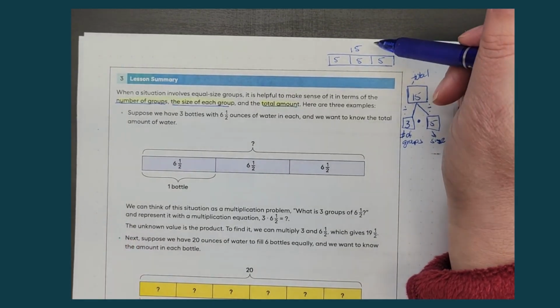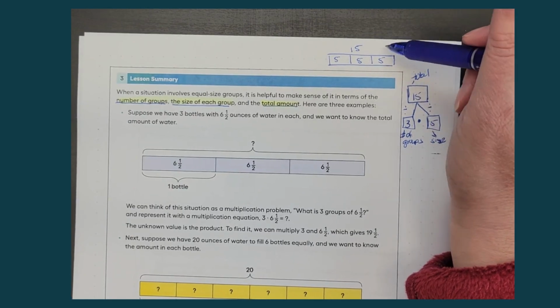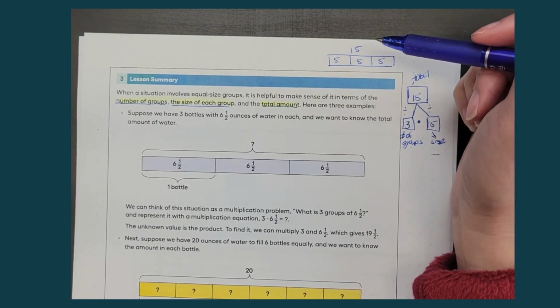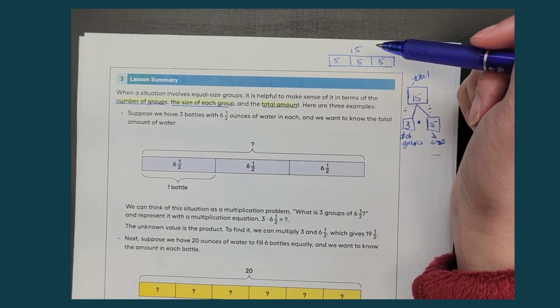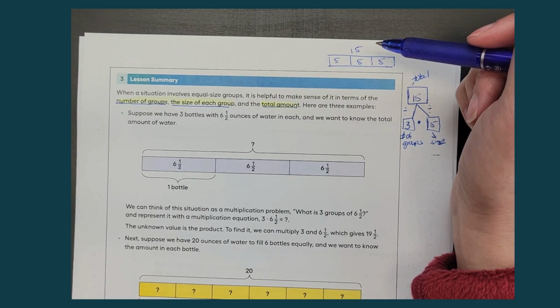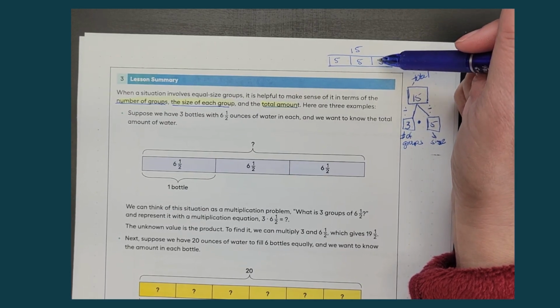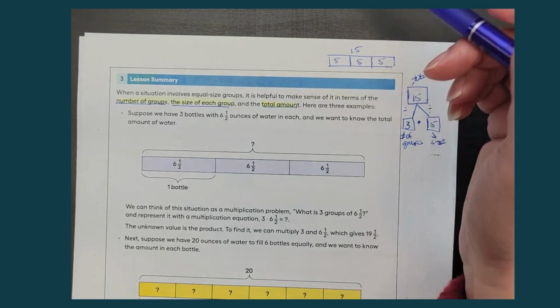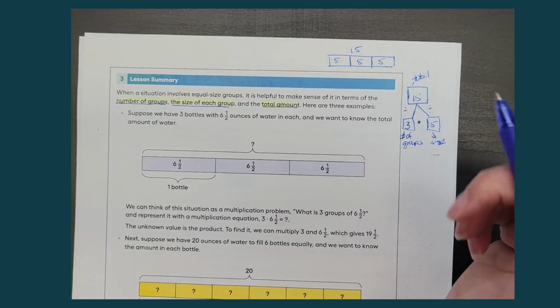Or at times, if we're dividing the total amount into pieces, we might think about that differently. So whether or not I remember the words quotient and dividend and divisor are maybe less important than having an understanding of the relationship between these numbers. And so just think about that.